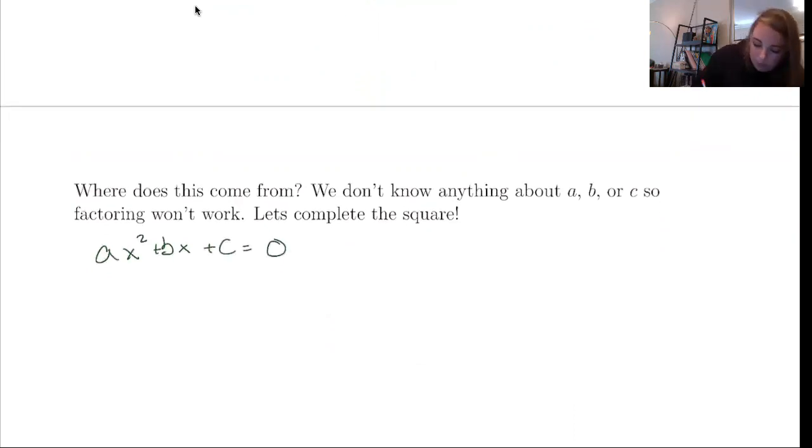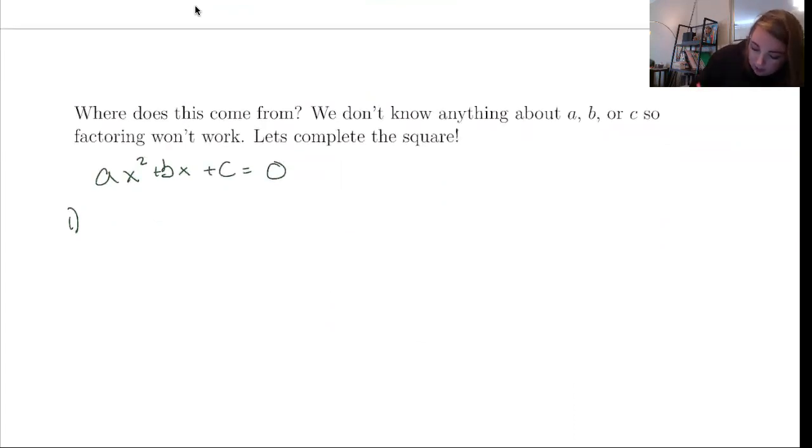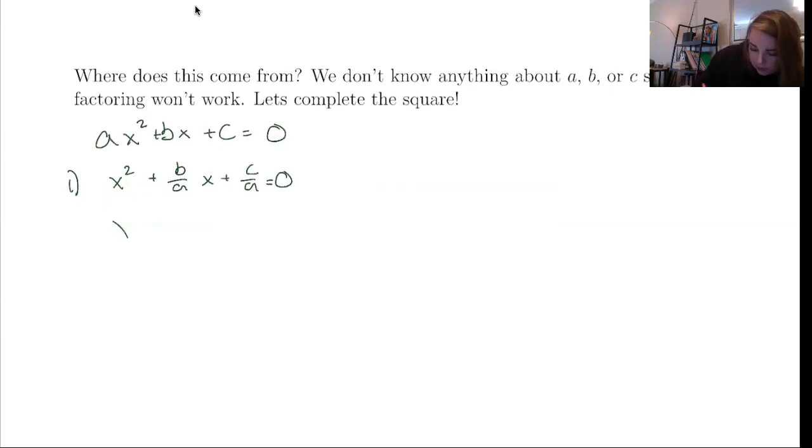Step 1 is to divide by my leading coefficient and move the constant to the other side. So I'll have x squared plus b over a times x plus c over a equals 0, doing one step at a time. x squared plus b over a x equals negative c over a.